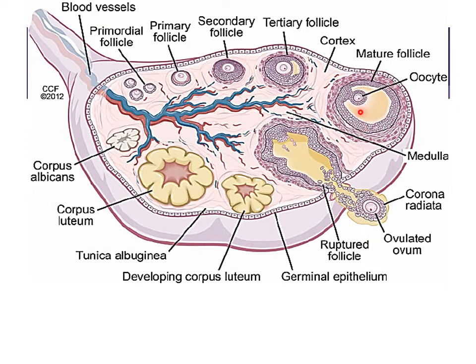Later on, this follicle will rupture and expel this oocyte. It will be surrounded by the zona pellucida, which is a glycoprotein shell, and this is the corona radiata, composed of follicular cells which are derived from the follicle itself.